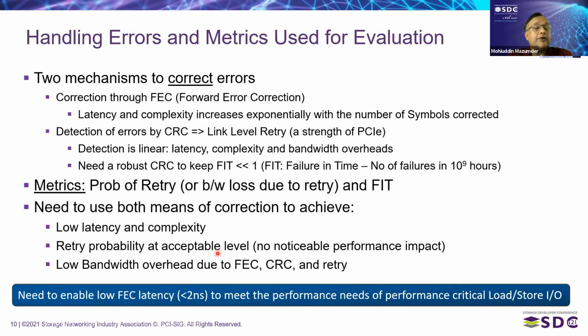It has a latency of 100 nanoseconds. So we try to combine two things. One is detection is linear. Latency, complexity, and bandwidth overheads are linear. So we make the CRC much more robust. We have a 32-bit CRC in PCIe 5.0, and for 6.0, we make it a 64-bit CRC. And then comes the probability of retry, and the failure in time. That is our metric.